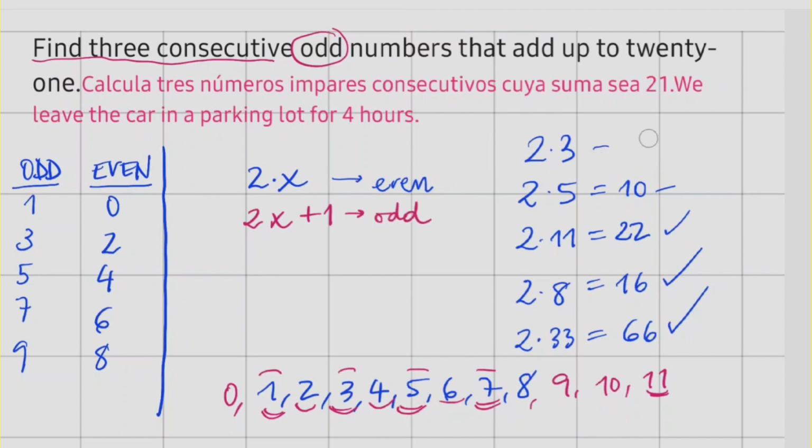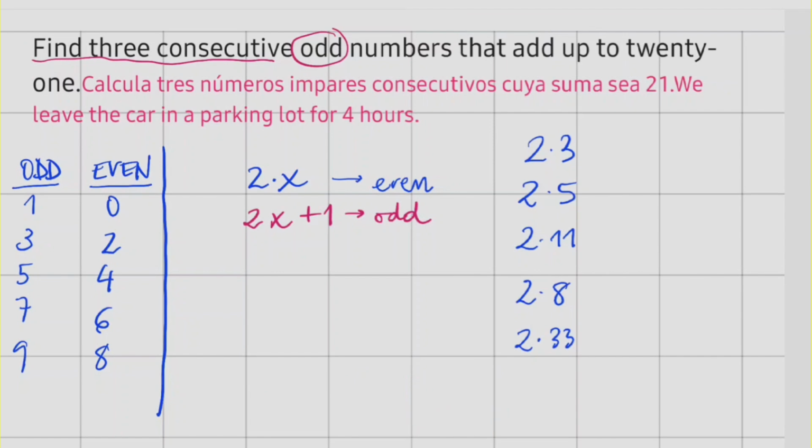Try now. Imagine we use the same examples as before. Let's try. So 2 times 3 plus 1, how much is that? That's 7. Try now here. 2 times 5 plus 1, that's 11. Odd number. 2 times 11, that is 22.